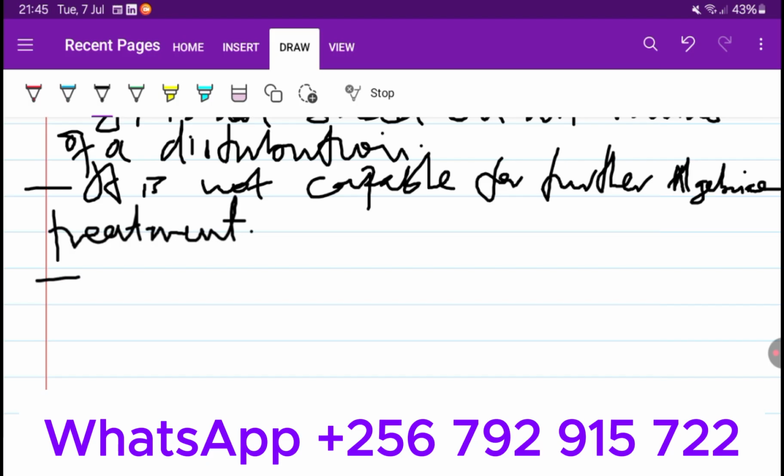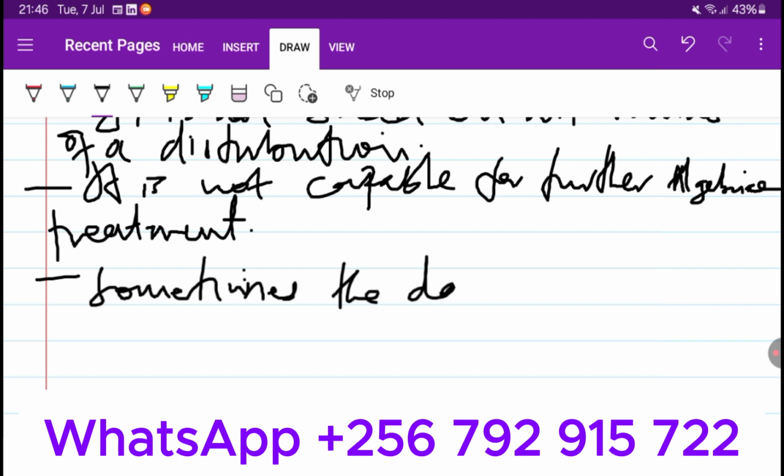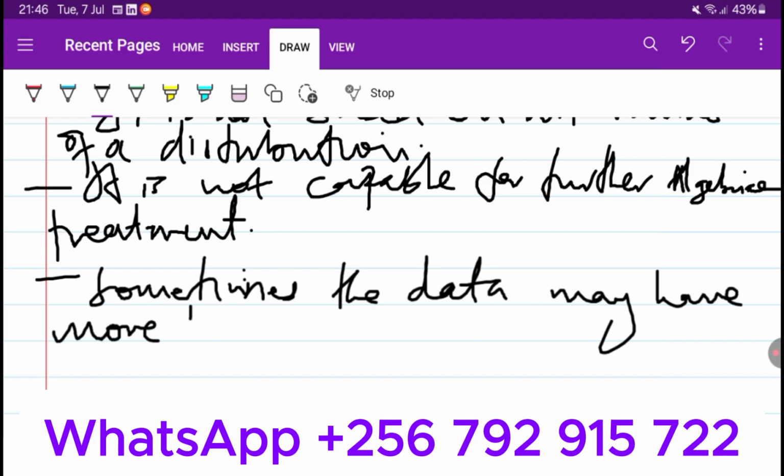Then of course, lastly, we can talk about the fact that sometimes the data set may have more than one median.